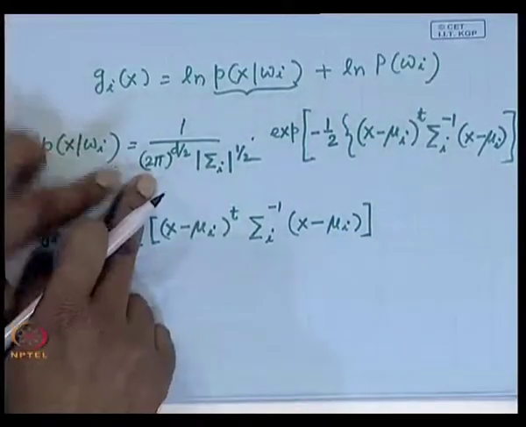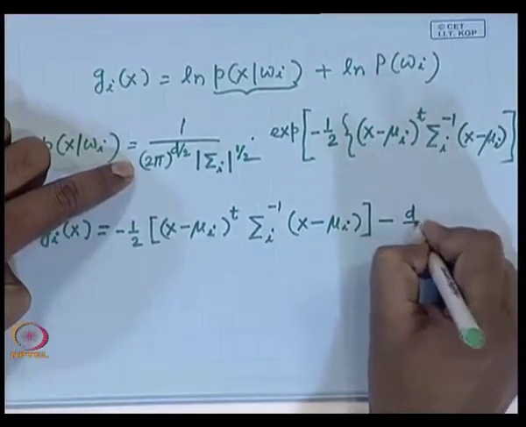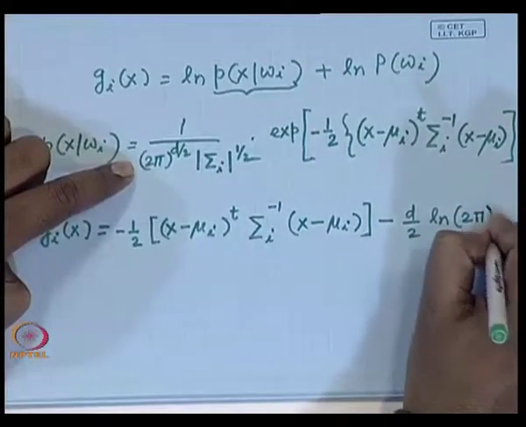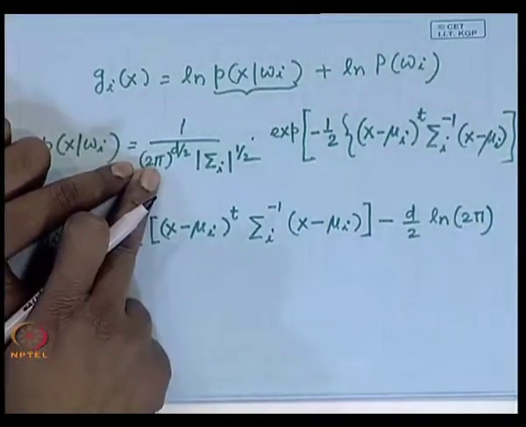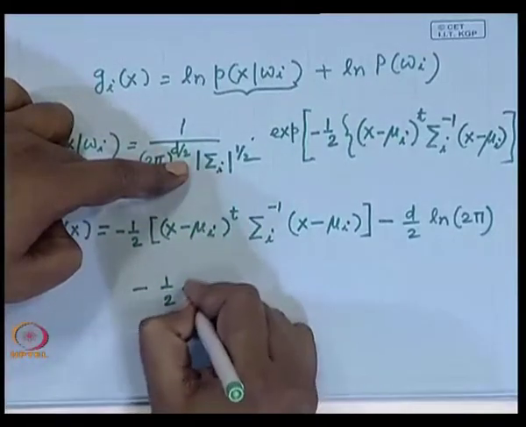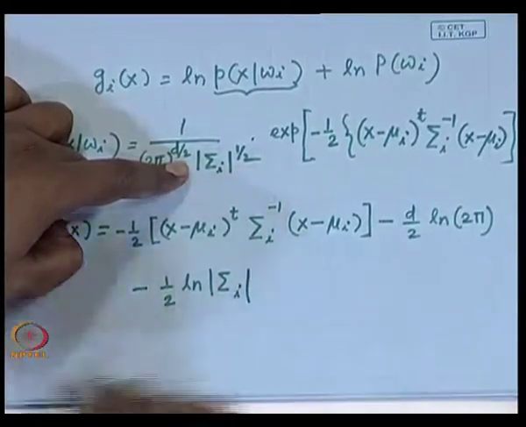Okay. This becomes minus d by 2 logarithm of 2 pi. This term becomes minus half log of determinant of sigma_i. Okay.